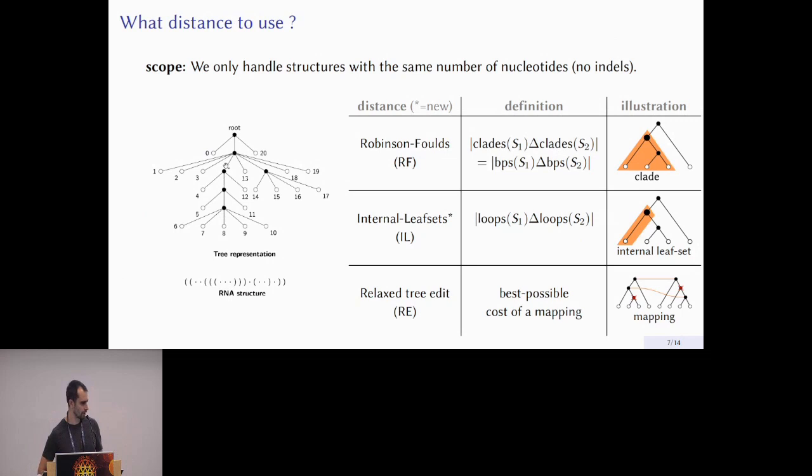In this tree representation, the leaves are the positions of the sequence, and the black internal nodes are the base pairs. A leaf has a black node as an ancestor if it's contained within the base pair that the black node represents.